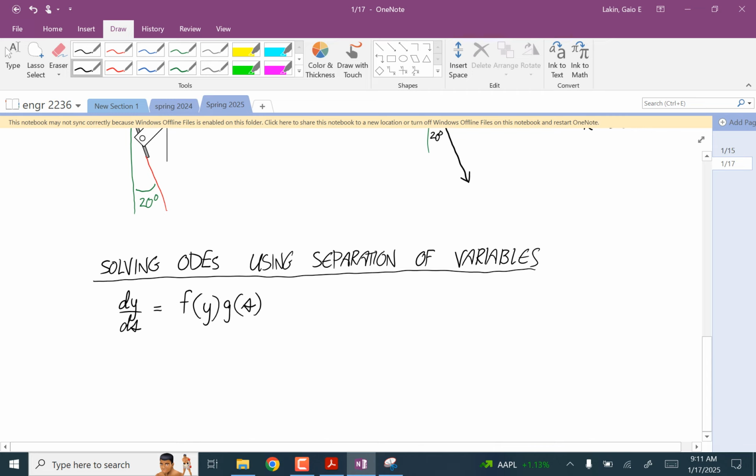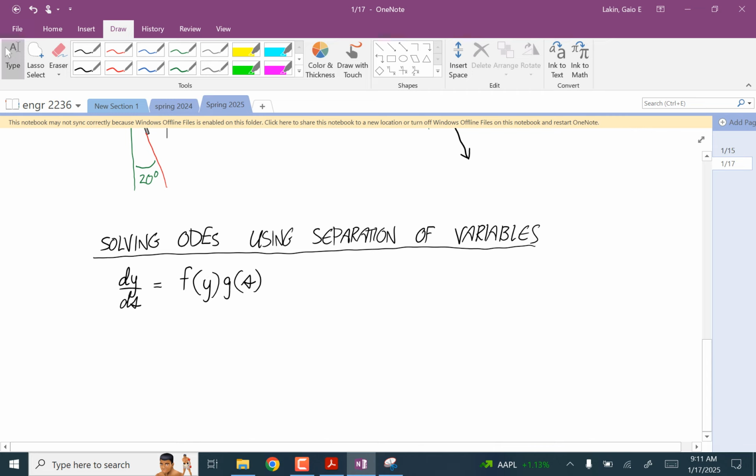Okay, so let's think about what it means to solve this differential equation first. Is this an ordinary or a partial differential equation? This is ordinary because we only have total derivatives. We don't have partial derivatives. What's the independent variable?